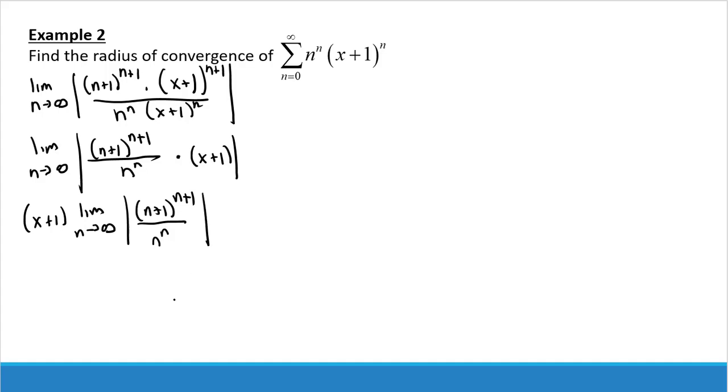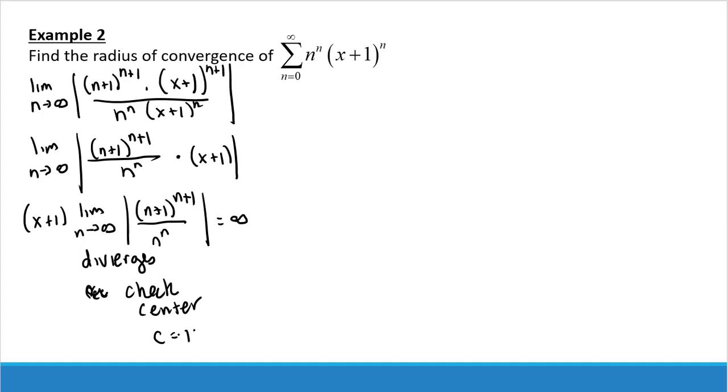Looking at this, that's going to go to infinity. So this whole limit equals infinity. Therefore we know that this diverges. But we have to check the center. Our center is 0. Actually, no, I apologize. The center is negative 1.